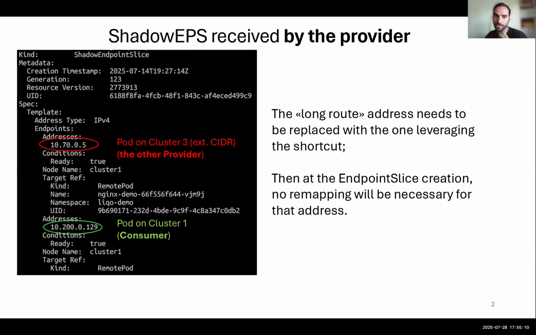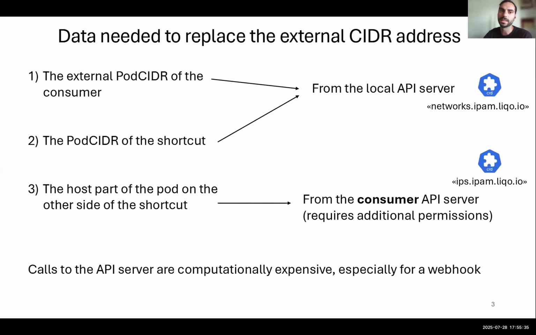So what I want to do is to replace that address with the correct one, so that when the real endpoint slice is created, that address is not remapped, and it's going to be used in the endpoint slice and in the services. So what do we need to make this happen?